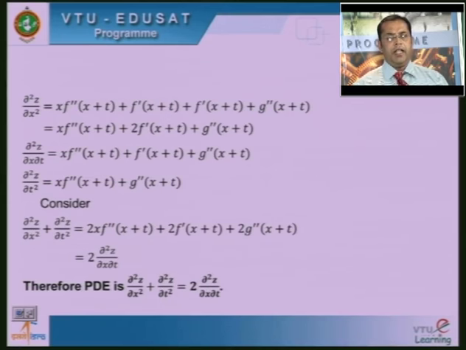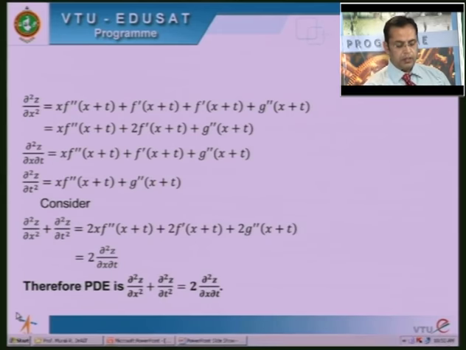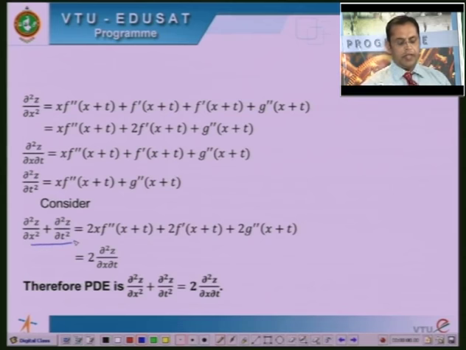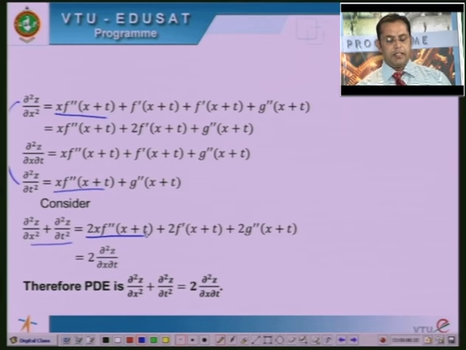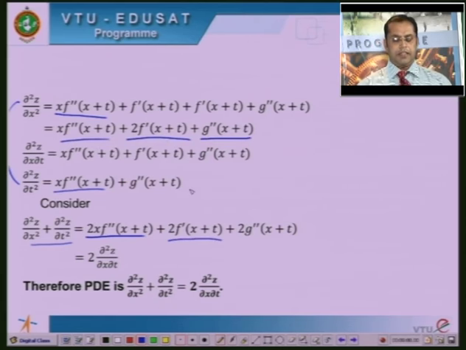So, for the required PDE, you take the sum of ∂²z/∂x² plus ∂²z/∂t², these two terms, which gives you x f'' plus x f'', 2x f'', then plus 2f' here, which is written as it is here, plus g'' plus g'' here, which gives you 2 times g''.